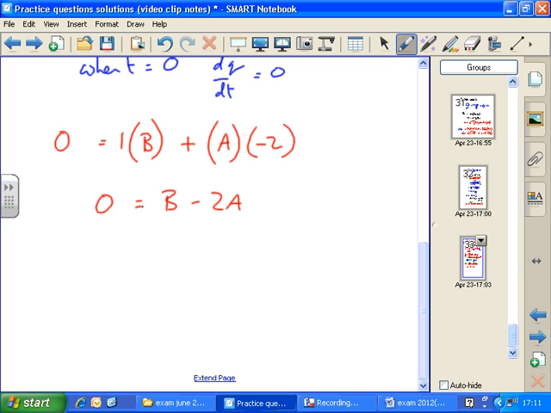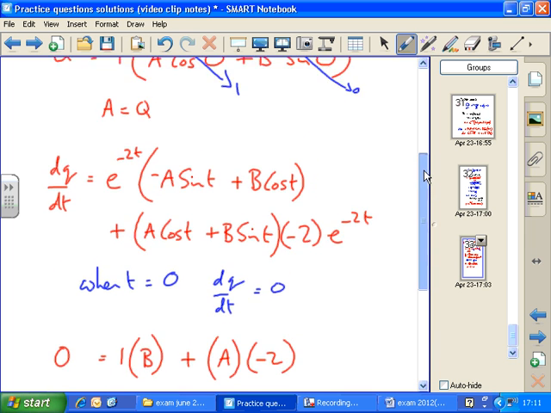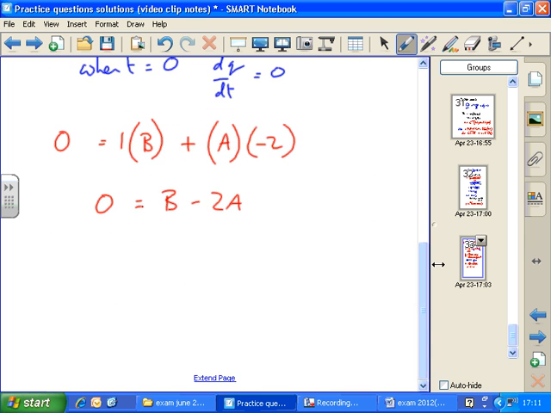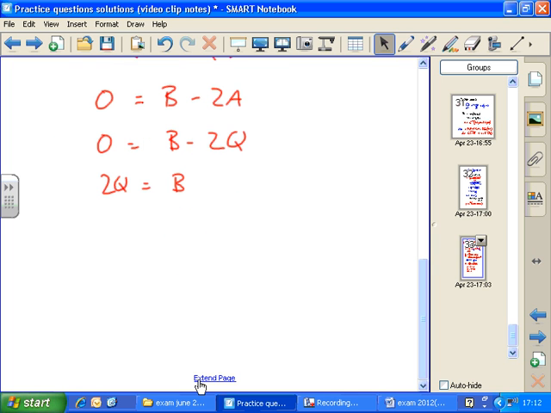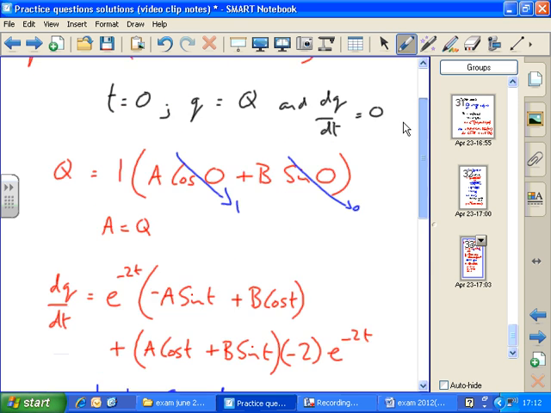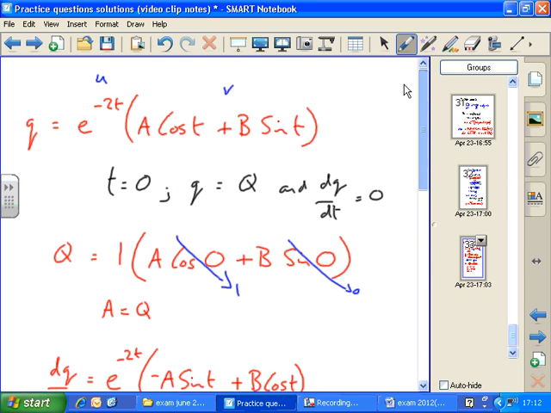But we know from the first initial condition that a equals q. So 0 equals b minus 2q, so 2q equals b. So we've got the two constants, a and b. So we can now rewrite the particular solution for q, putting our values of a and b back into this expression at the top.